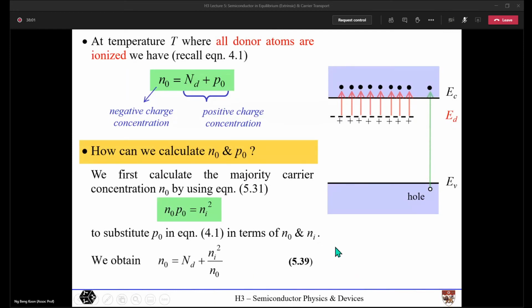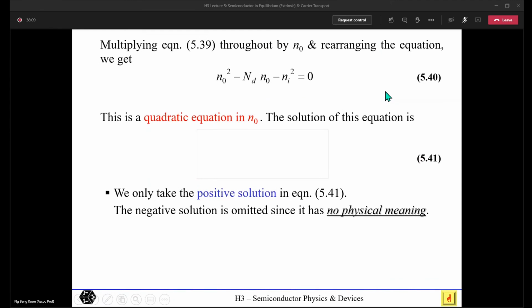Okay, so over here, if you multiply both sides by N0, then you basically get a quadratic equation in N0, right? This is N0 squared minus ND N0 minus Ni squared.